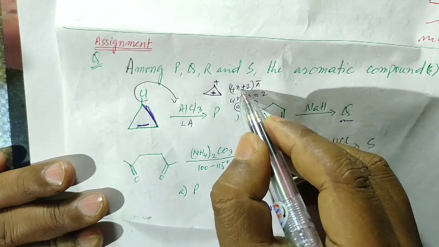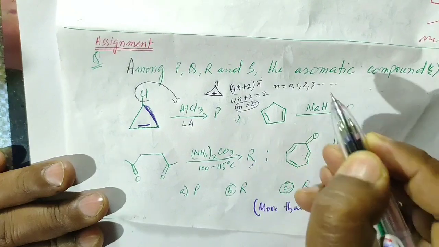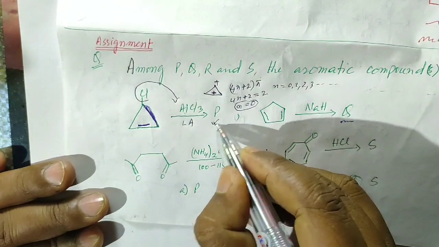And in this rule n can be 0, 1, 2, 3, something like this. Okay, so P is aromatic.